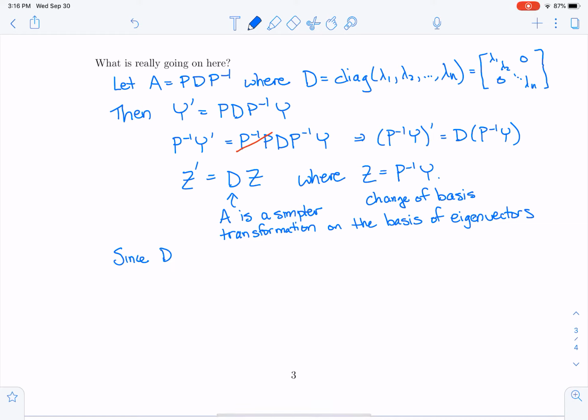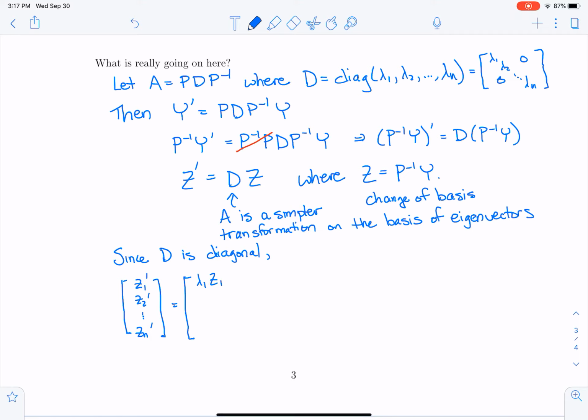So since D is diagonal, what we have here is that z1 prime, z2 prime, all the way down to zn prime as a vector is actually equal to, that diagonal matrix has the eigenvalues, so lambda 1 z1.